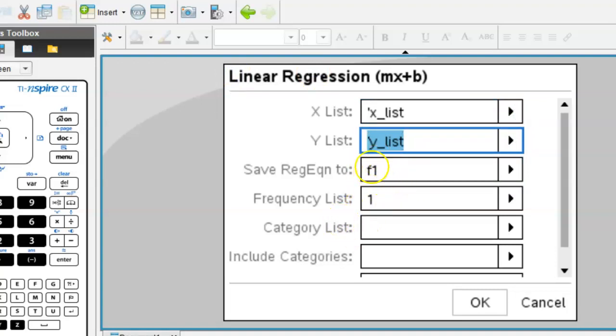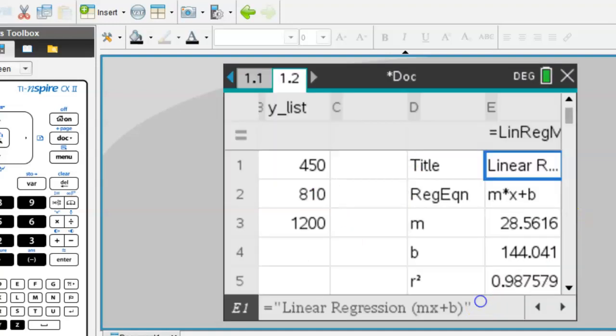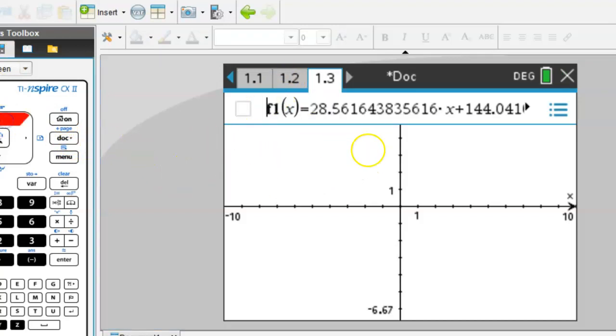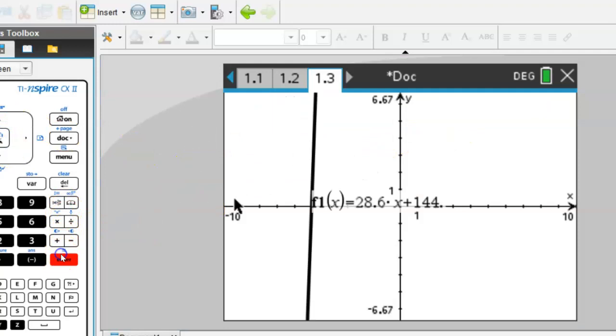And you're going to save your regression to f of 1. Okay. So you have your M and B value. If you go to your graph and you go up, you'll see this. So here is your line.